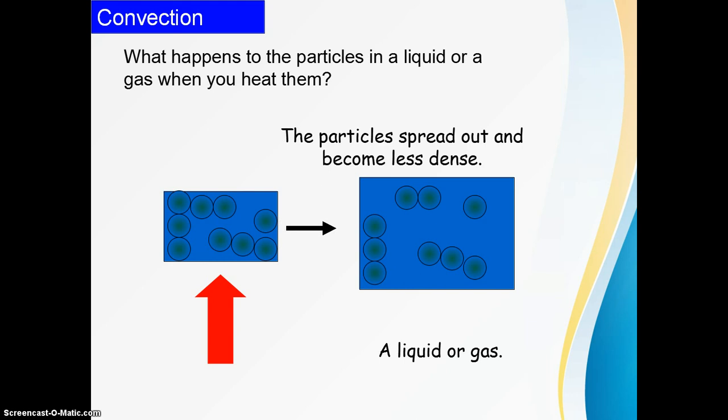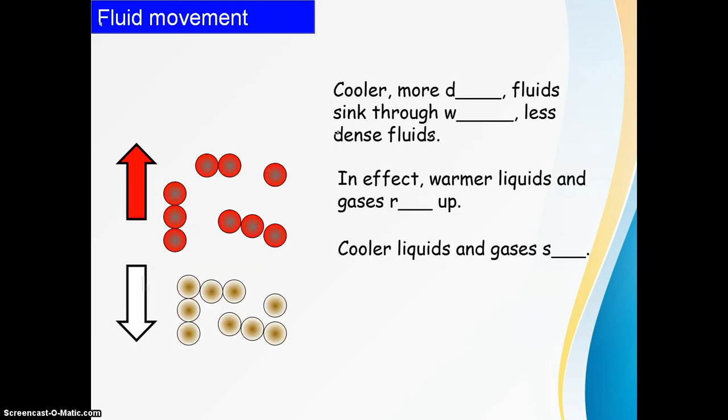The fluid movement in convection is such that cooler, more dense fluids sink through the warmer, less dense fluids. This means warmer liquids and gases rise up and cooler liquids and gases sink.